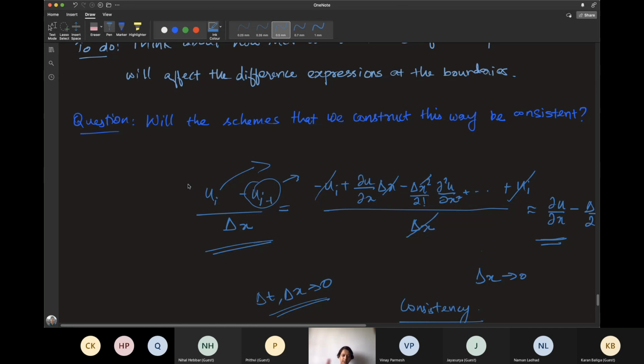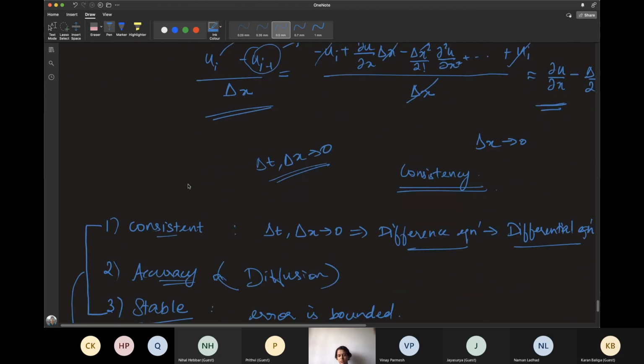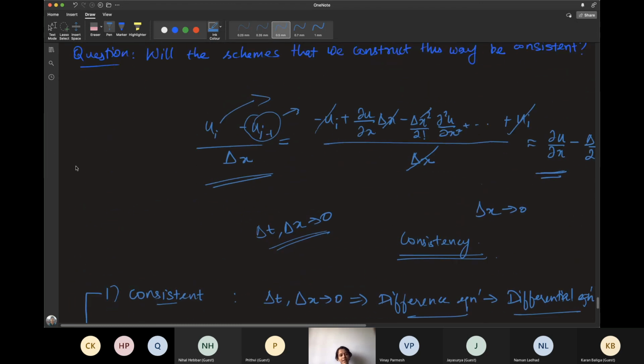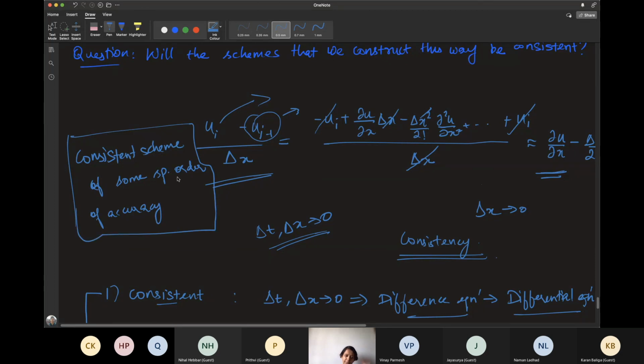How will you construct a difference scheme of some order of accuracy for any random differential equation? That is what we have seen now. So if you are given some differential equation, you will be able to construct such a scheme.